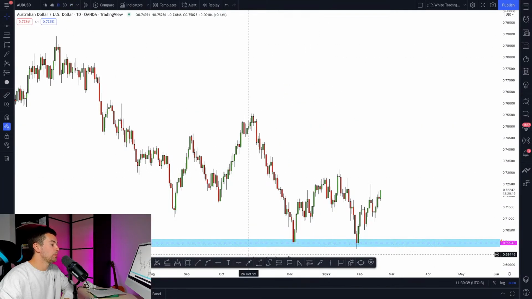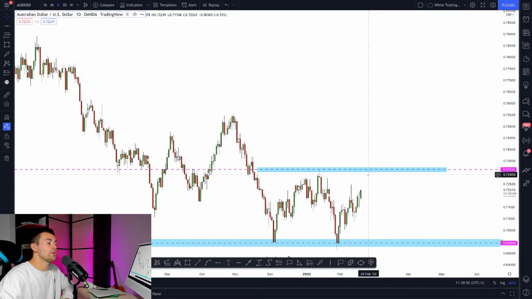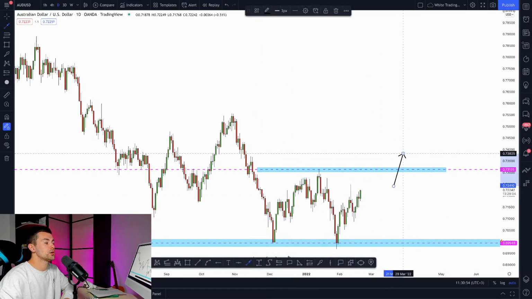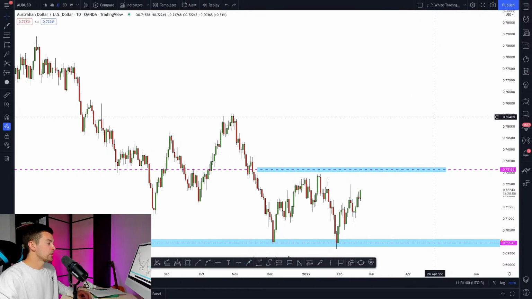At the moment, the closest strong resistance that I see is right here. I will look for a pullback trade from that, and in case of a bullish breakout of that resistance to the upside, I believe we can easily go much higher.